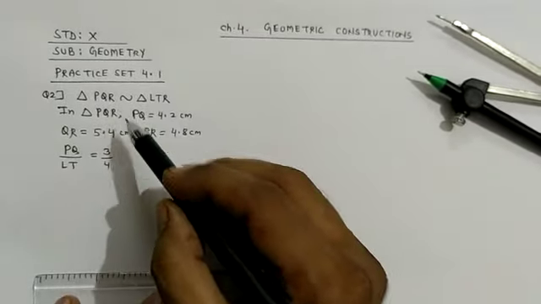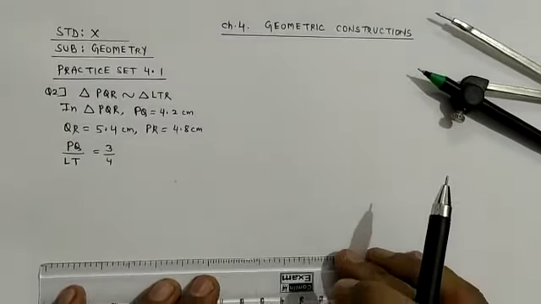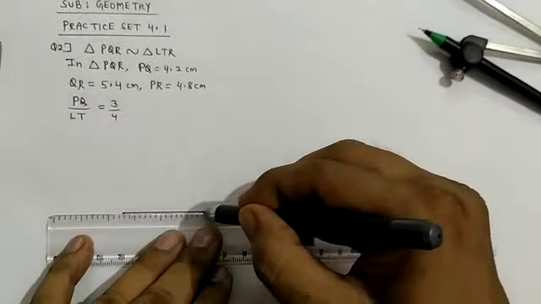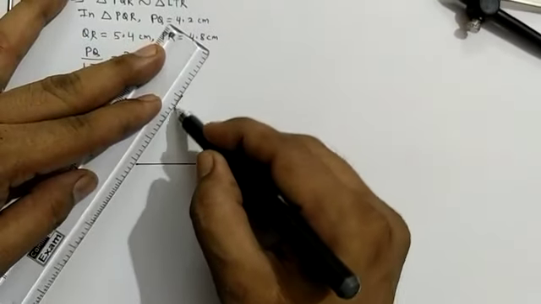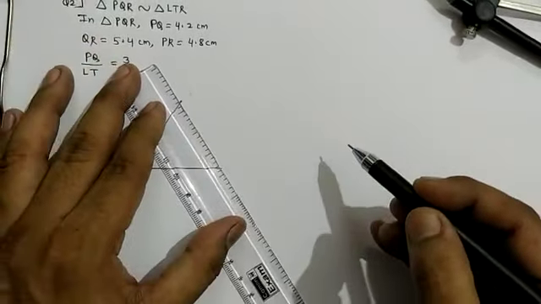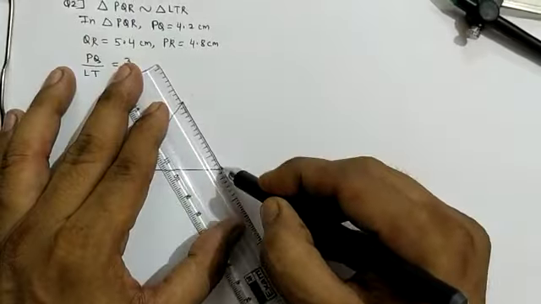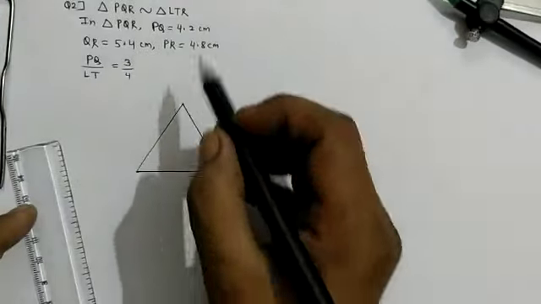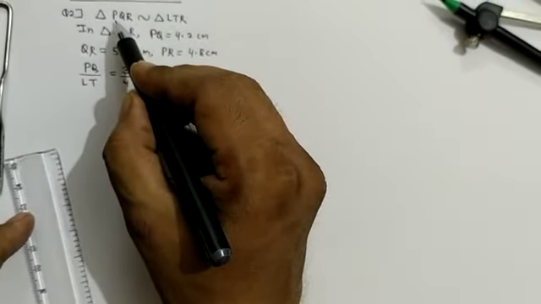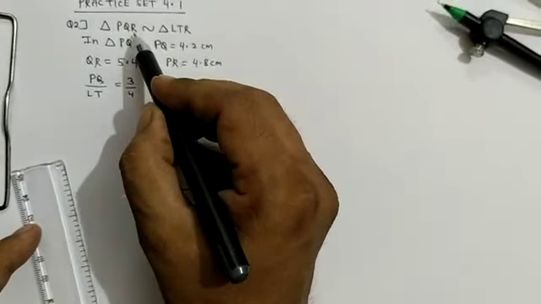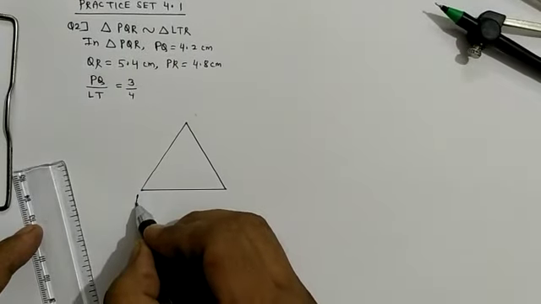So first we'll draw the rough figure. Let us see the rough figure for this. Here we have triangle PQR. Point to be noted, between these two triangles PQR and LTR, R is a common point. We are going to mark R here.